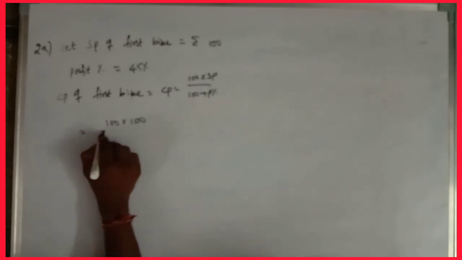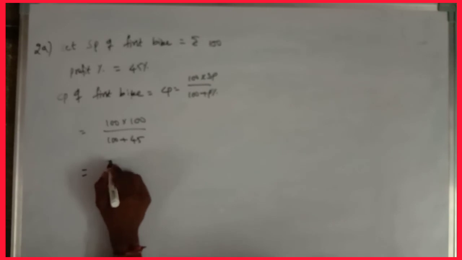So that's equal to 100 into SP, which is 100, by 100 plus 45. That's equal to 100 into 100 by 145. Okay, so 5 ones are 5, 5 twos are 10, 5 nines are 45, 5 20s are, that is 2000 by 29 rupees. This is the cost price.